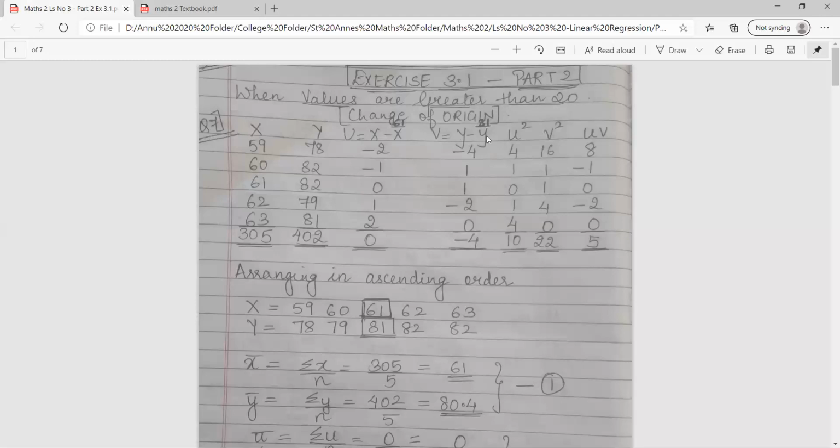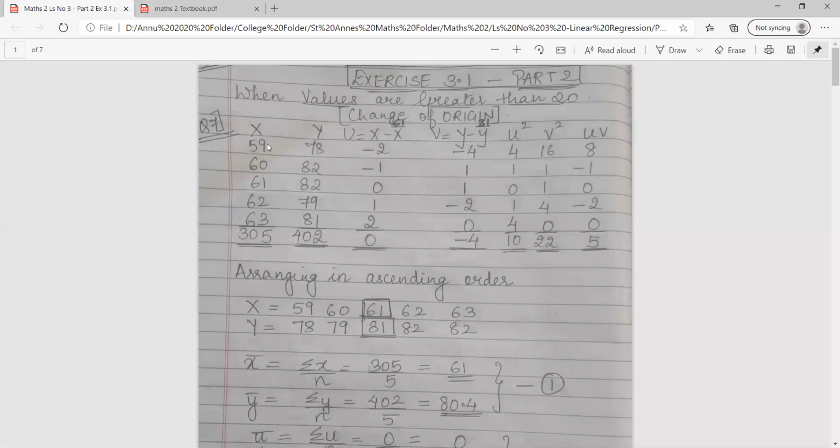X bar and Y bar we have already found out by applying this particular technique. So here I have taken X bar to be 61 and Y bar as 81. Now this will help us to reduce our data to a very good extent.